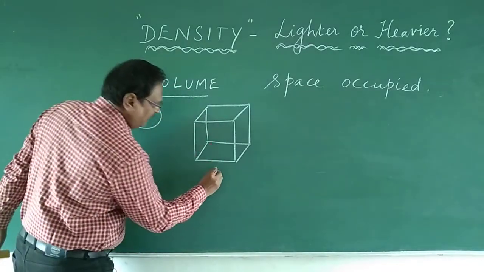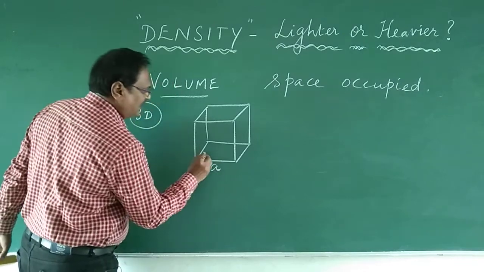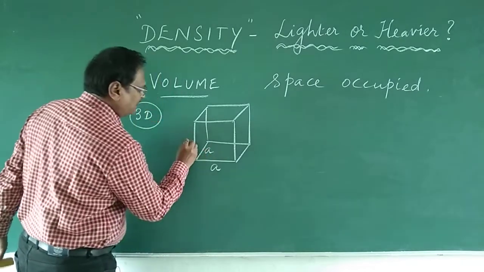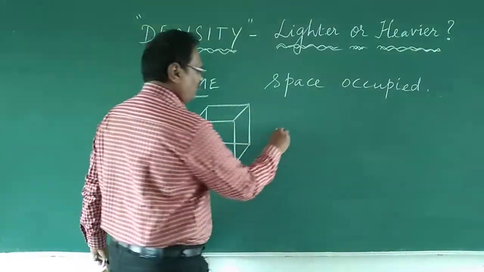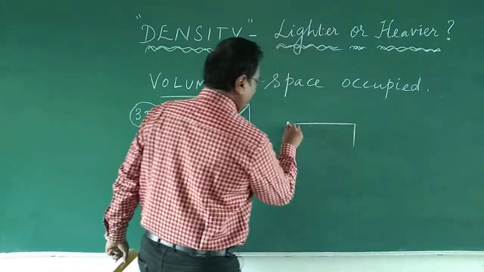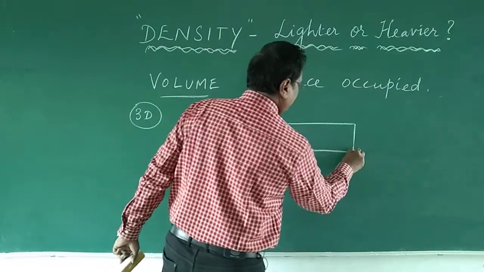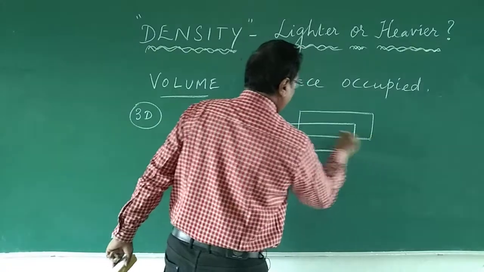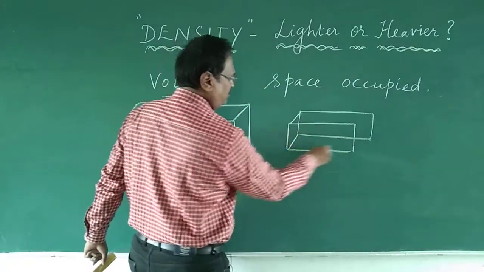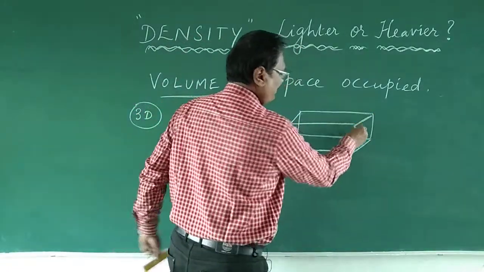But this is a cuboid, we can call it, because it has a rectangular shape like this and another rectangular shape like this, and then it becomes three-dimensional, with back and front and everything.